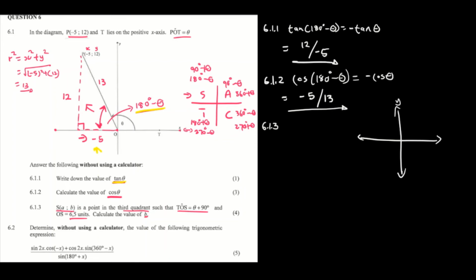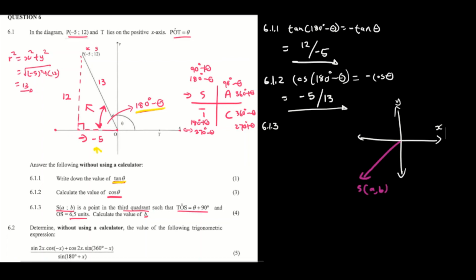So this is your y-axis, this is the x-axis. We are told that this point lies in the third quadrant. So if you draw it, it's going to be this one here, which is point S that has A and B. So our B is actually our y value, which is required, right? And we are told that it creates an angle of theta plus 90 degrees.